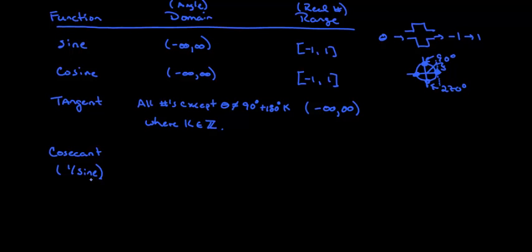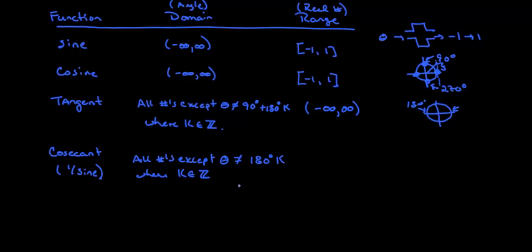So when is the height 0? Let's redraw this over here. The height's 0 at 0 degrees and at multiples of 180: 180, 360, and so on. So we're going to say all numbers except angles that are equal to 180 degrees times k, where k is an integer.